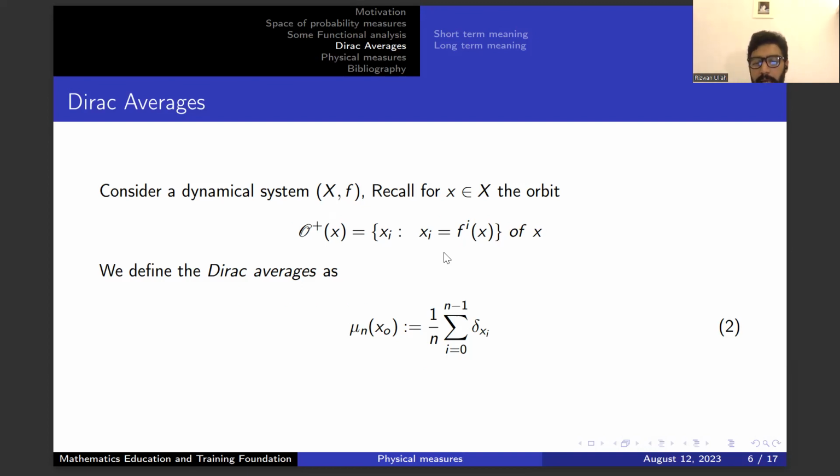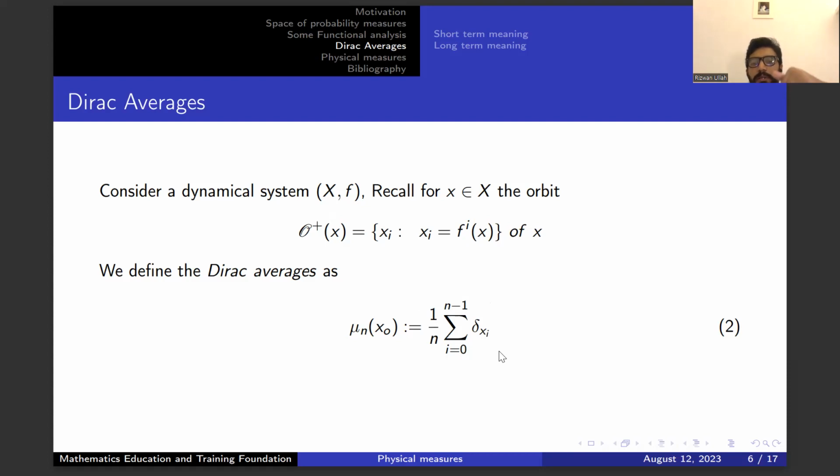So if we evaluate the Dirac average at a particular measurable set A, it gives us the average number of times the orbit spends in this particular set. How? You evaluate for a particular set A the right side of the equation: the Dirac delta at the point x_i will give you either 1 or 0. It gives 1 when the point x_i is in the set A, and 0 when the point x_i is not in the set A.